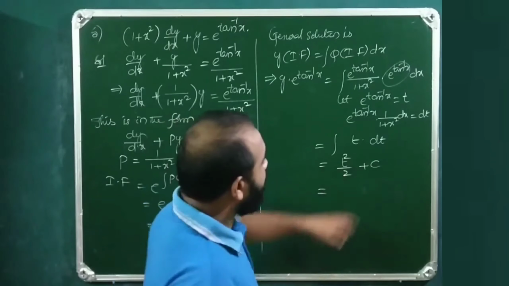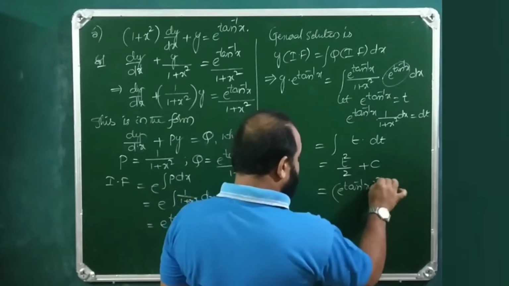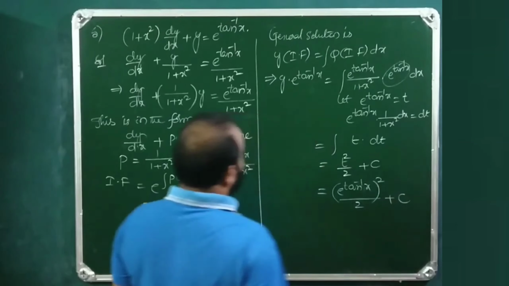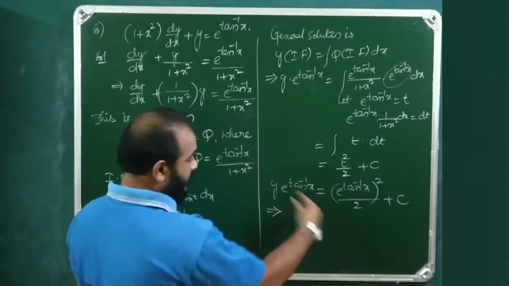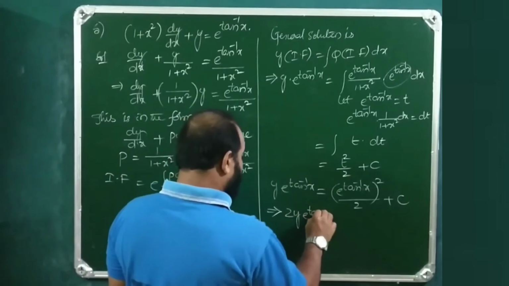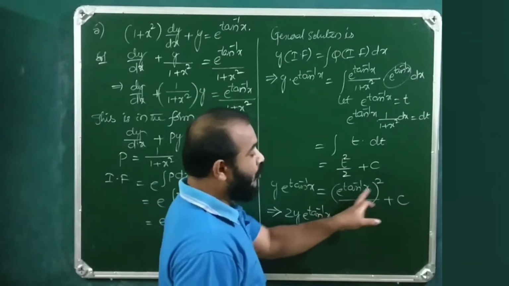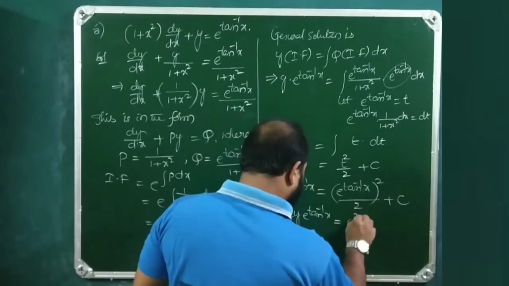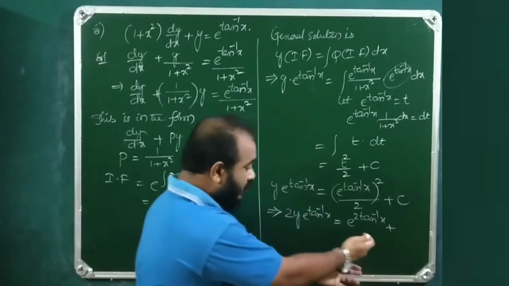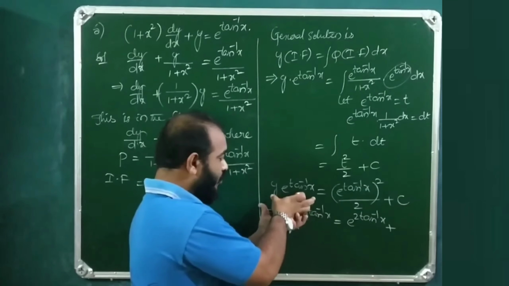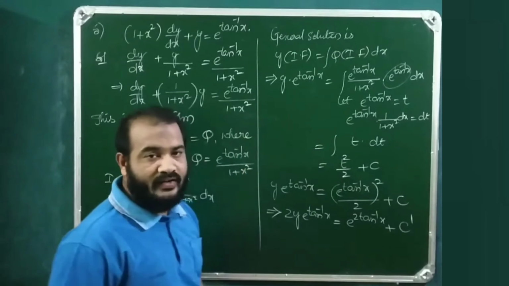What is t? t is e^(tan⁻¹x), so (e^(tan⁻¹x))²/2 + c. So y · e^(tan⁻¹x) = (e^(tan⁻¹x))²/2 + c. Using (a^m)^n = a^(mn), this is e^(2tan⁻¹x)/2 + c. The LCM is 2, so I have transferred it to the other side: 2y · e^(tan⁻¹x) = e^(2tan⁻¹x) + 2c. 2c can be treated as c', which is the required solution.